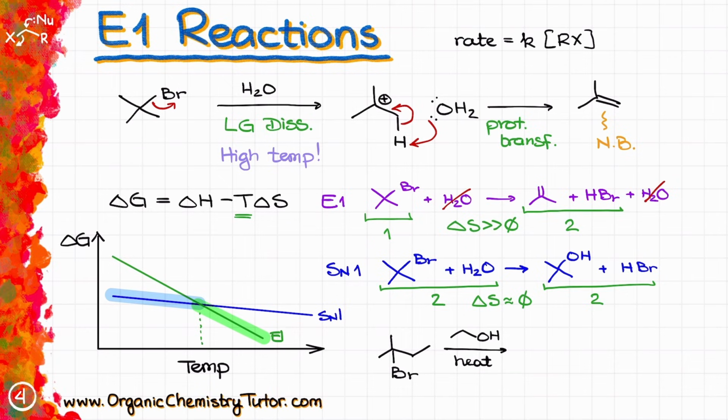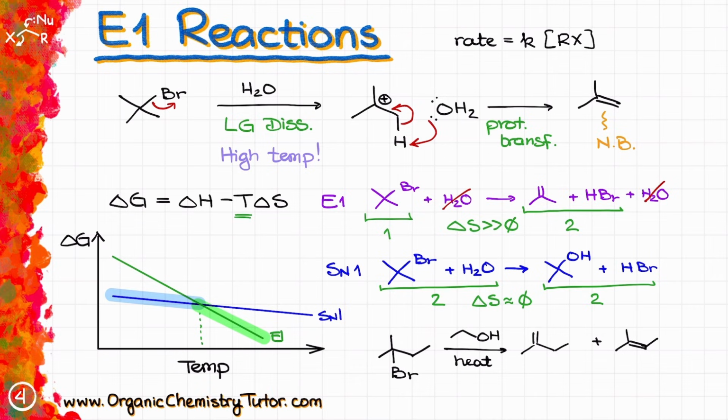So if I have a reaction like this, I can have two different products forming, either this molecule or another product looking like this. Per the Zaitsev rule, we know that the more substituted double bond is generally going to be the major product in these reactions.